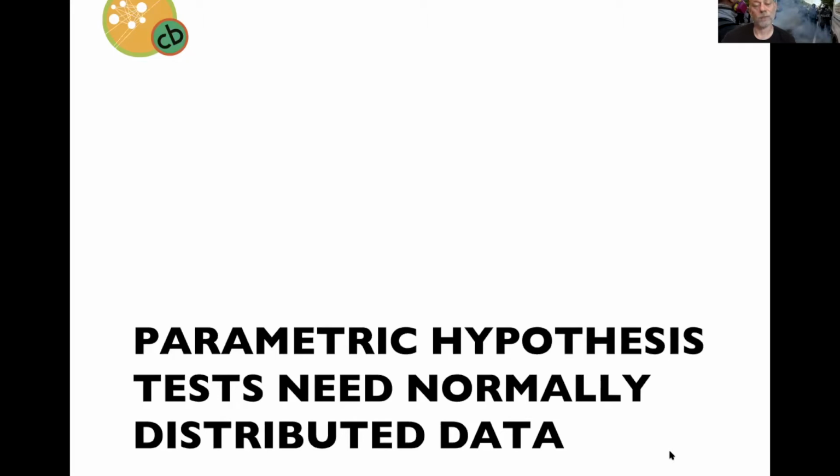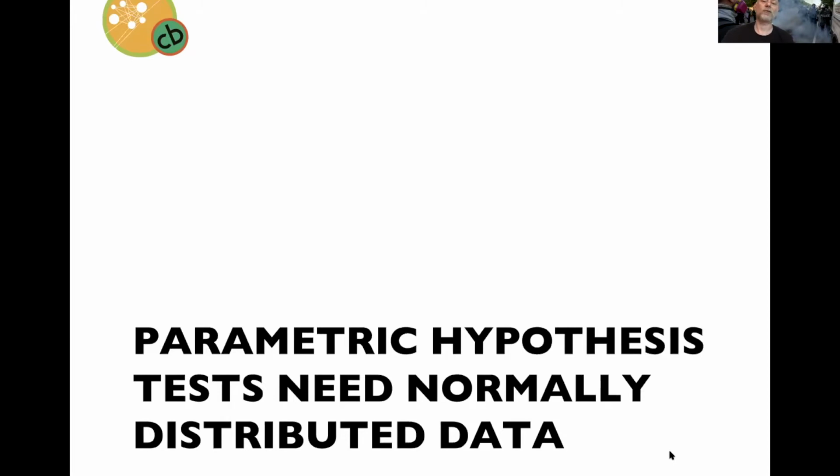So for example, if you have a paper that's using a t-test to evaluate differences across two sets of cross-validation runs, then the paper needs to show the reader that the data is normally distributed.